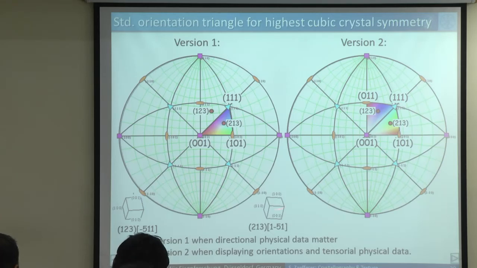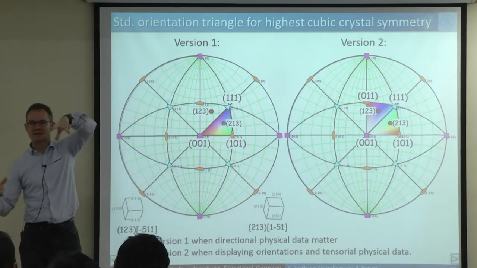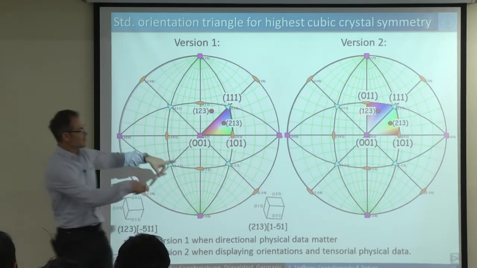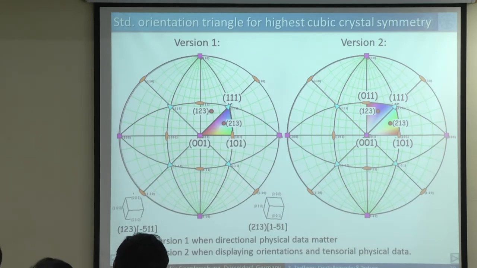But the orientation, this one and this orientation, is not identical. They have a misorientation. So directions is good, but tensorial orientations is not good. And therefore, if you want to just display directions, this one is sufficient. If you want to really get the full correct orientation, you must go to the version with the proper rotations.